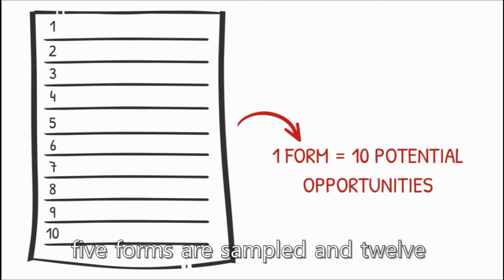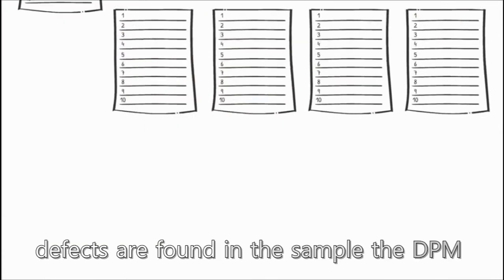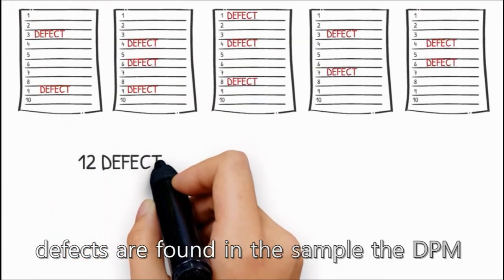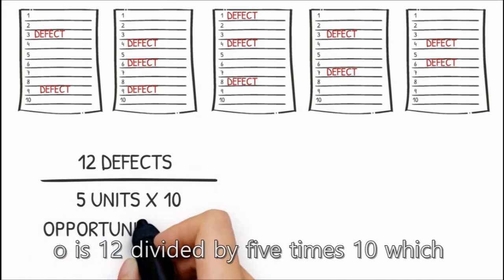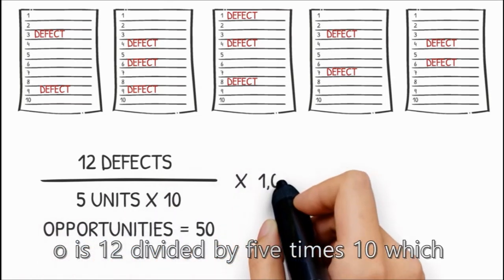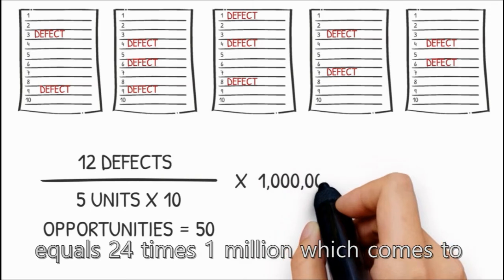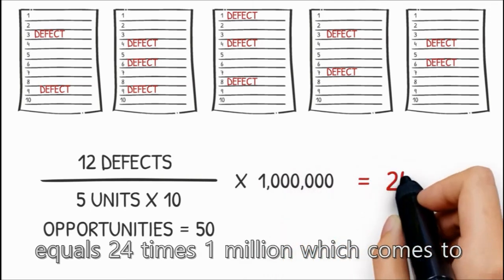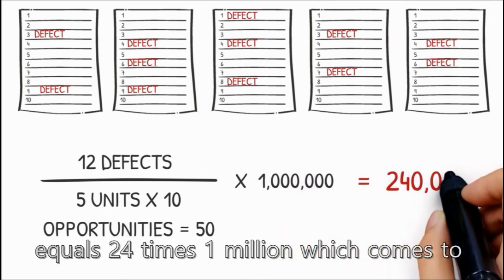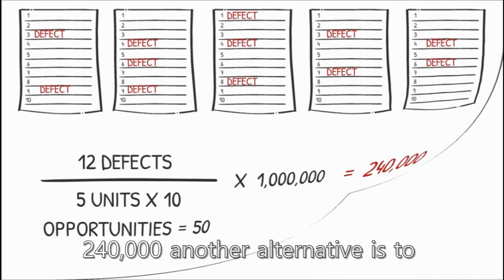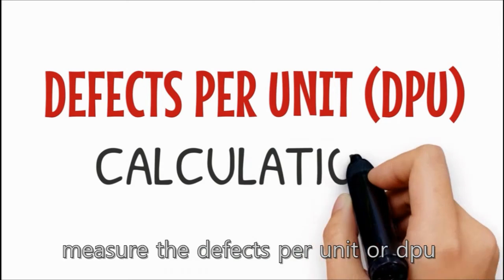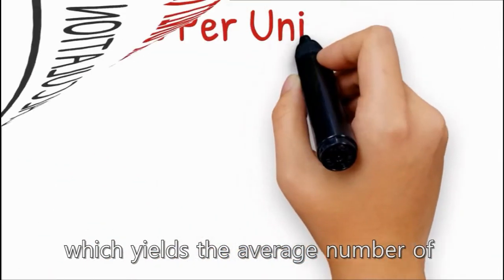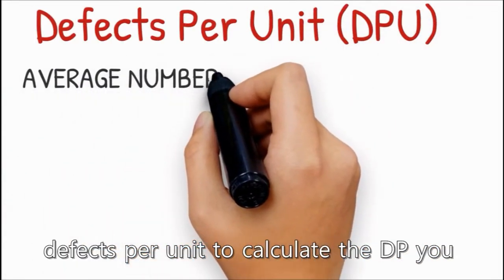If 5 forms are sampled and 12 defects are found in the sample, the DPMO is 12 divided by 5 times 10, which equals 0.24, times 1 million, which comes to 240,000.